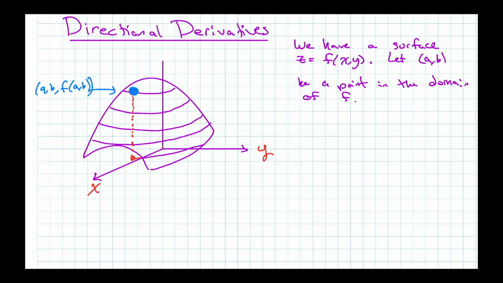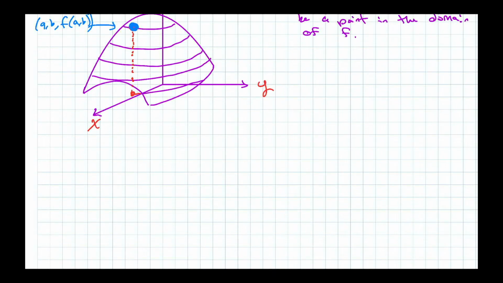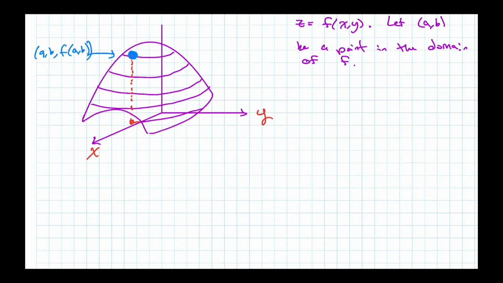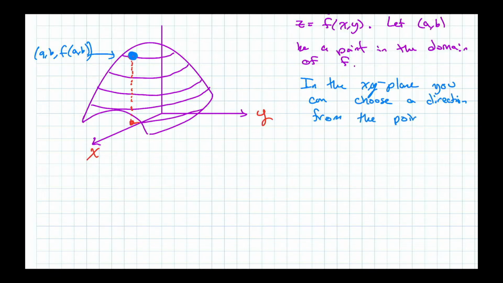Okay, now from that point, you can pick a direction. So in the xy plane, you can choose a direction from the point (a, b).